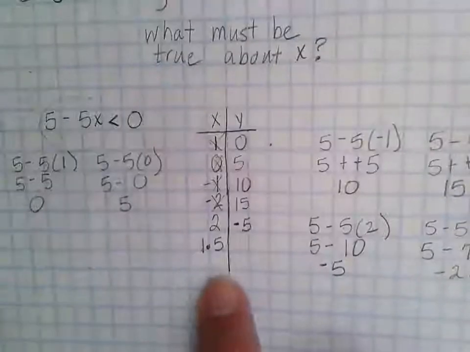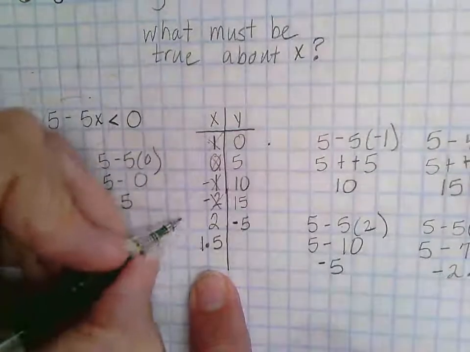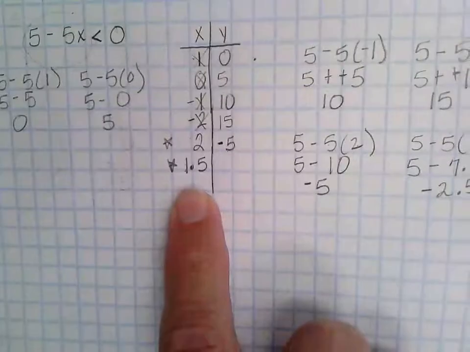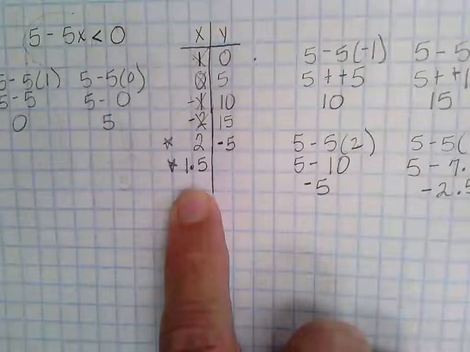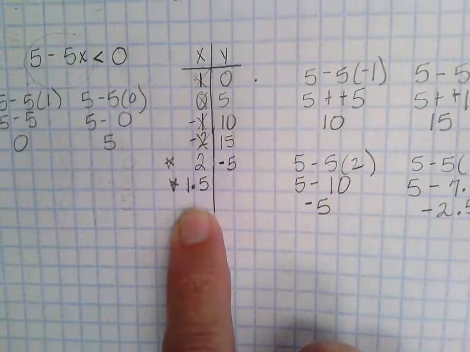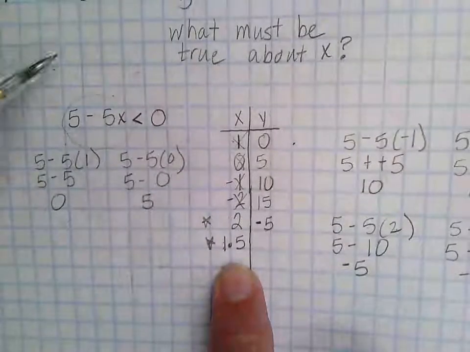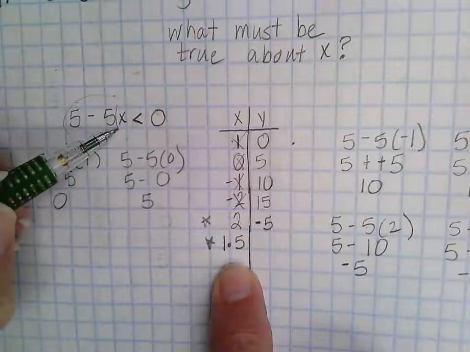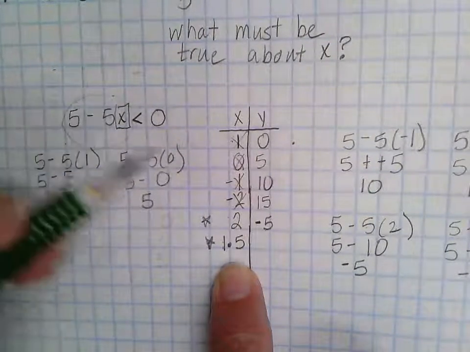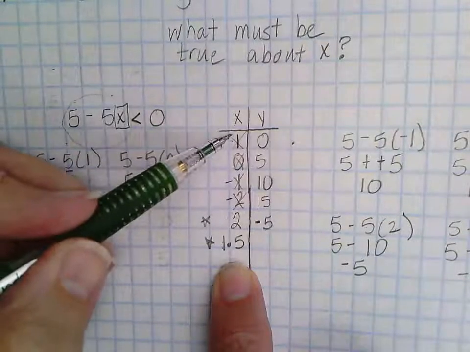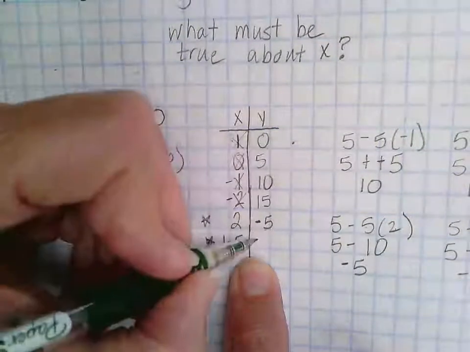So that number, 2 works, 1 5/10 works. It looks like to me, if I need this value to be negative, x has to have a value that is greater than 1.